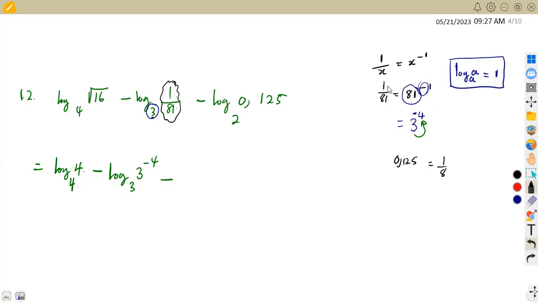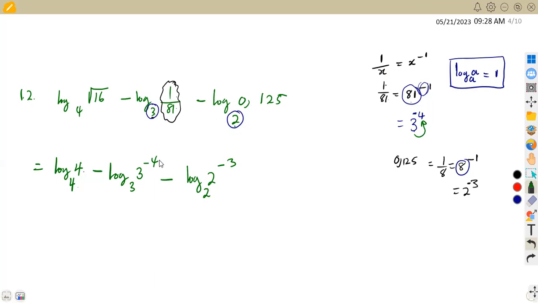So 1 over 8, just like 1 over 81, means 8 to the exponent of -1. We can write our 8 in terms of the base, which is 2. So 8 is the same as 2 to the exponent of 3. But there is a negative, so we multiply with a negative. So 2 to the exponent of -3 is the same as 0,125. In place of 0,125, we write the logarithm of 2 to the exponent of -3 in base 2.